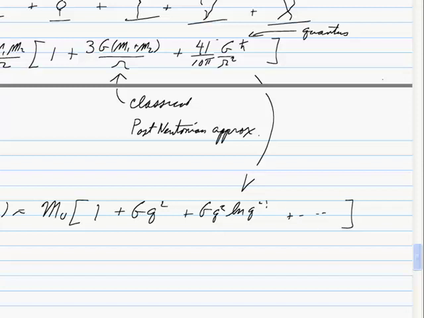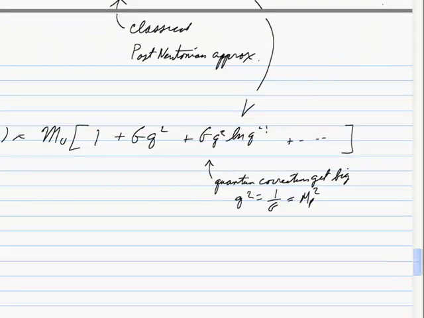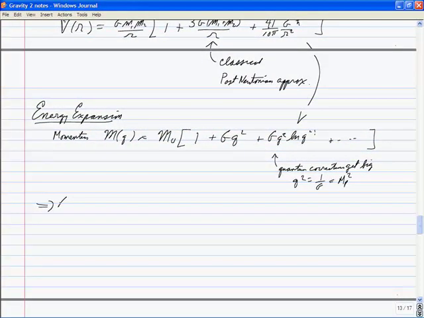So you see a couple things. Your quantum corrections get big at Q squared is 1 over G, which is m Planck squared. Okay, so the theory tells you that it breaks down, quantum gravity breaks down at the Planck scale.